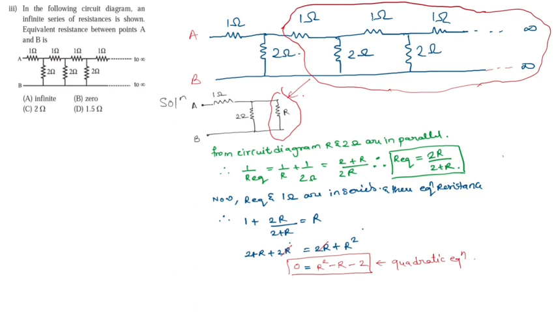You already know that the complete equivalent resistance, which we have considered as R, is given by the addition of 1 plus R equivalent, equal to R. By solving this, I get a quadratic equation in R: R square minus R minus 2.